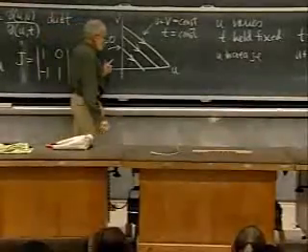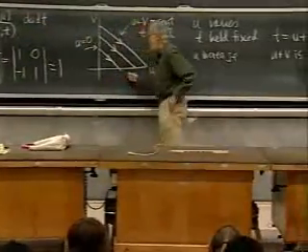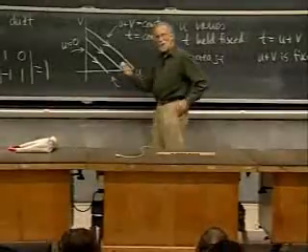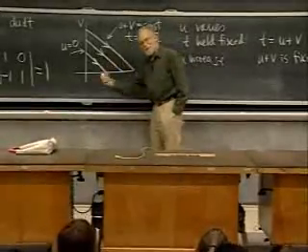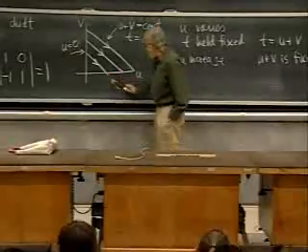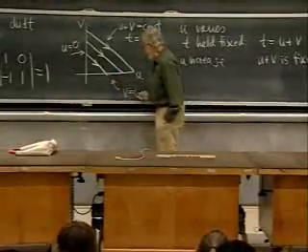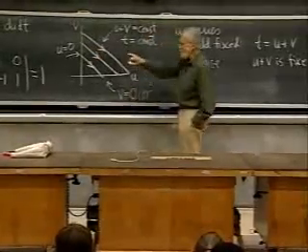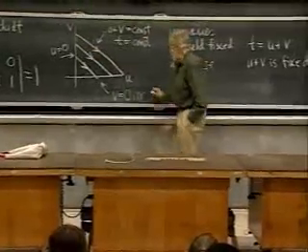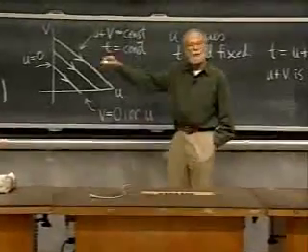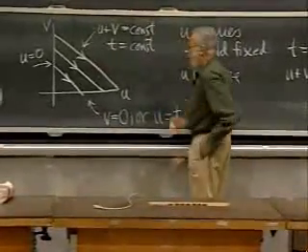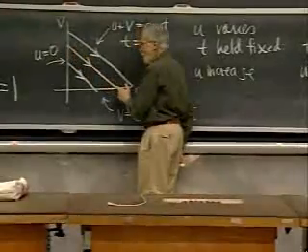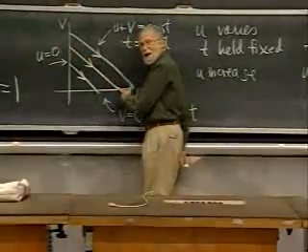Not so many people would be able to figure out what to put for where it leaves the region. What's the value of u when it leaves the region? Well, this is the curve v equals 0, but v equals 0 is, in another language, t minus u equals 0, or u equals t. In other words, they enter the region where u equals 0, and they leave where u has the value t.